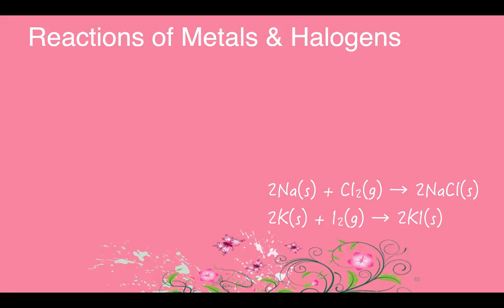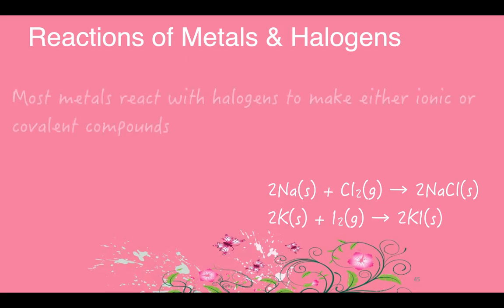Now, another type of synthesis reaction is with metals and halogens, especially group 1. Group 1 loves to react with group 17 because group 1 wants to get rid of an electron. Group 17 is desperate to gain 1 electron, so it's like a match made in heaven. Most metals react with halogens to make either ionic or covalent bonds.